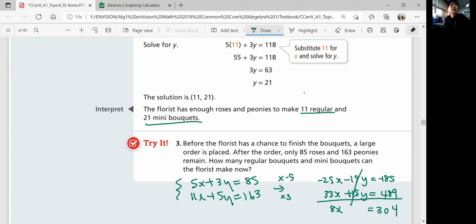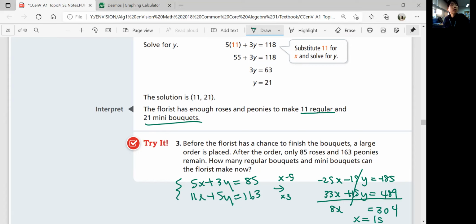Wait, is that right? Yeah. Okay. So then x should be equal to 8. Wait, no. x should be equal to 15.